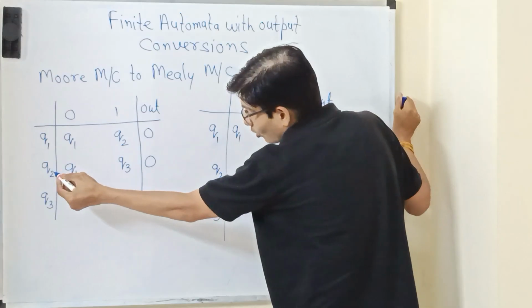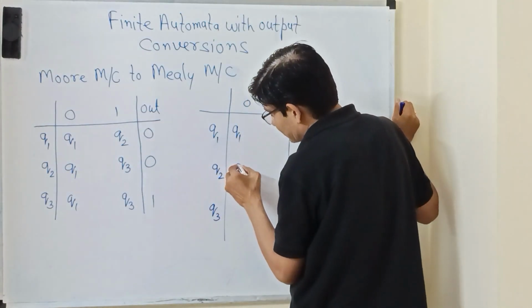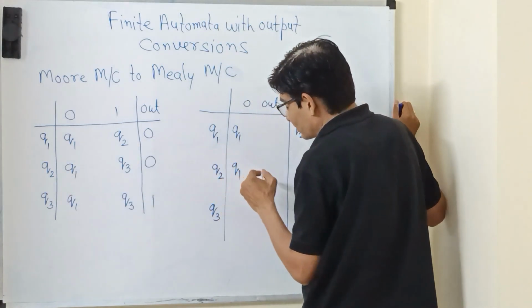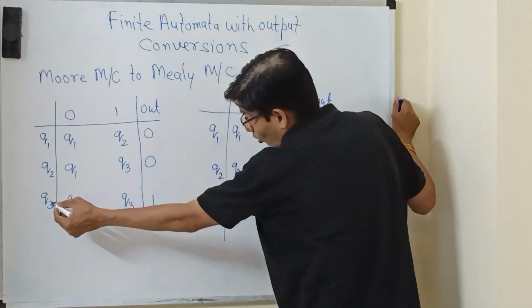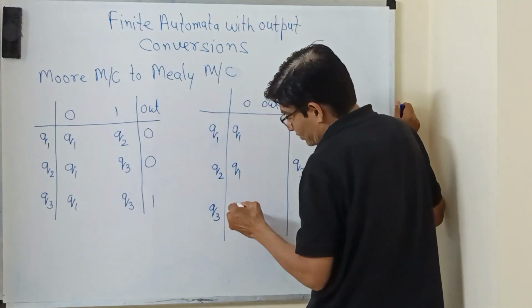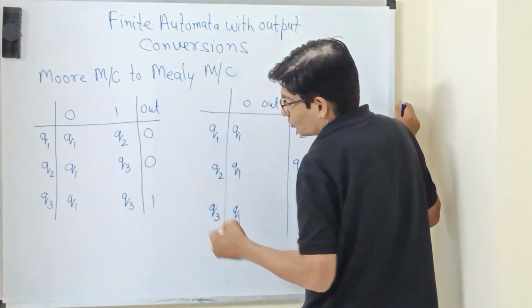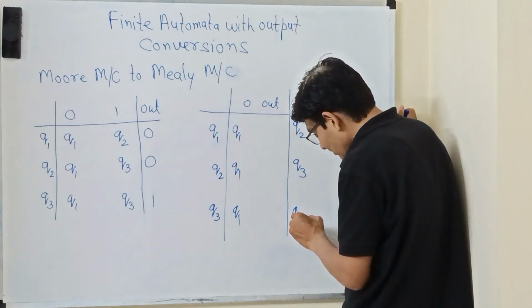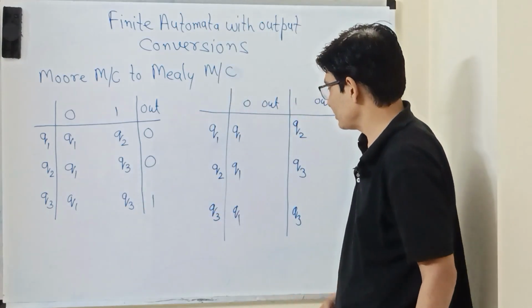On Q2 if we are getting 0, we are going back to Q1, and on Q2 if we are getting 1, we are moving to Q3. On Q3 if we are getting 0, we are going back to Q1, and on Q3 if we are getting 1, we are staying on Q3.